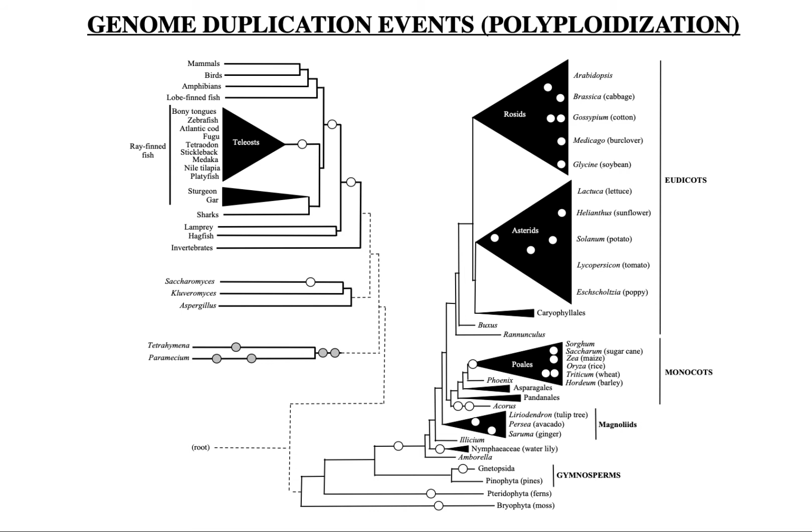In the case of this phylogram that I'm showing up here, each one of the little circles represents a genome duplication event. So if you go from in the animals up at the top, you have a gene duplication before the diversification of vertebrates, and another duplication after that to split the mammals, etc., off from the fish.